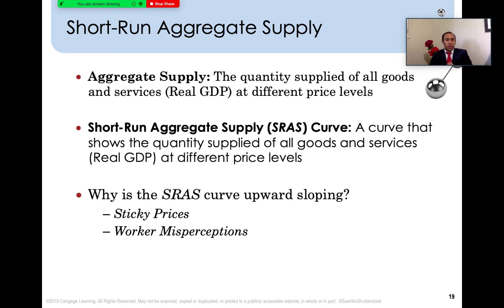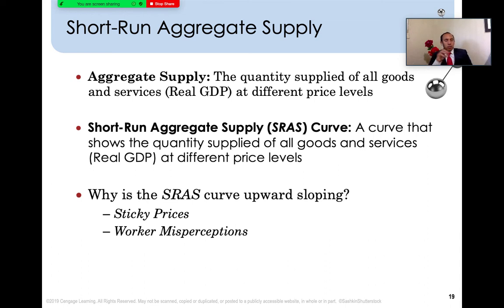Why is the short-run aggregate supply upward sloping? Most supply curves are upward sloping. Some of them are horizontal, some of them have relatively lower slopes, but for the most part, short-run aggregate supply tends to be upward sloping for two reasons.